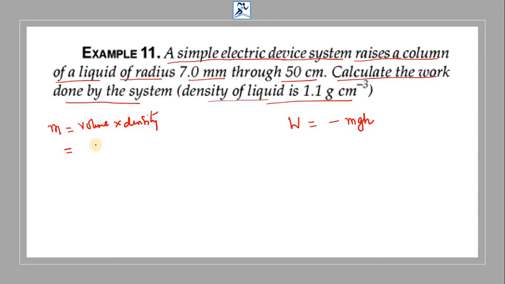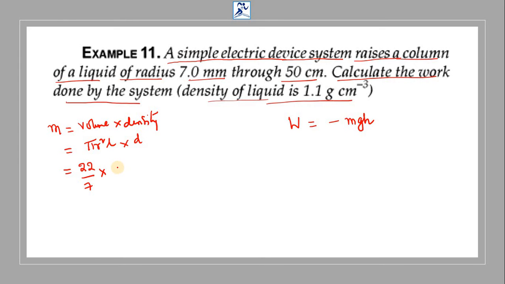The volume of this liquid column is pi r square L, and we will substitute pi r square L into density D. D is the symbol we will use. Pi value we know is 22 by 7.